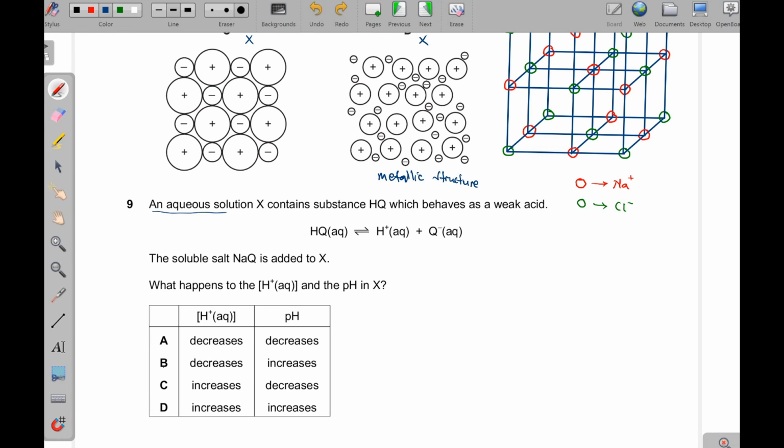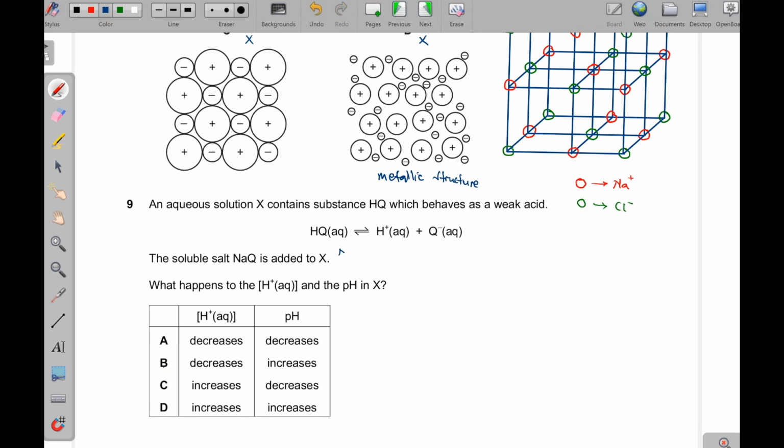Question 9. An aqueous solution X contains substance HQ which behaves as a weak acid, and it dissociates partially into these ions. Okay, then they are saying the soluble salt sodium Q is added to X. What happens to the hydrogen ion concentration and the pH in X?